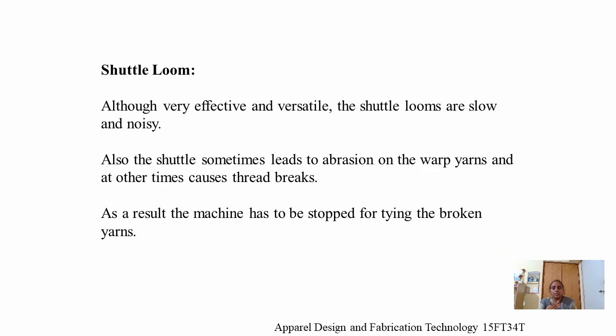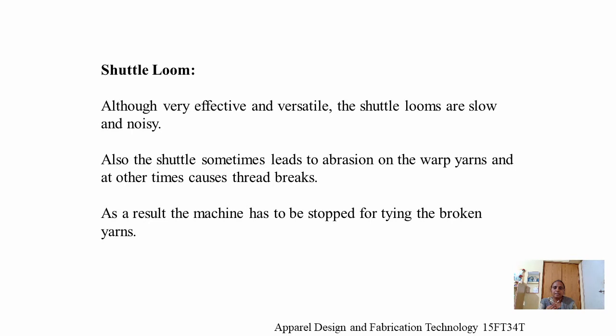So you have to use strong warp yarns. As a result, if the yarns break, the machine stops, that is, the weaving process stops. So you have to stop the machine, tie that broken warp yarn, and then continue the process.